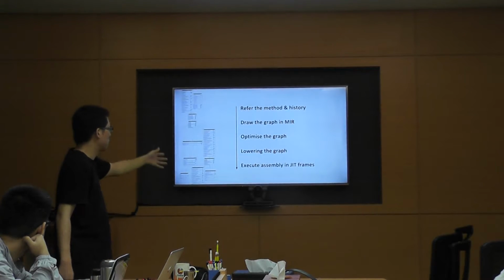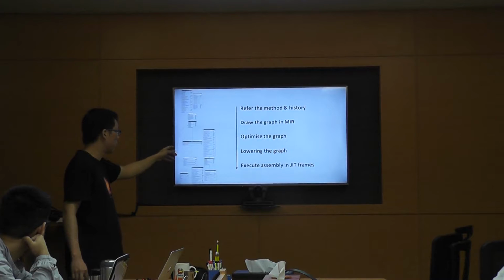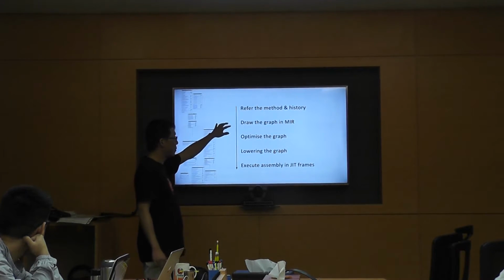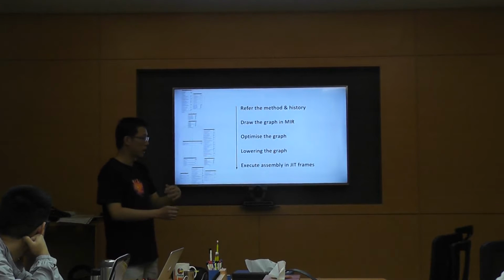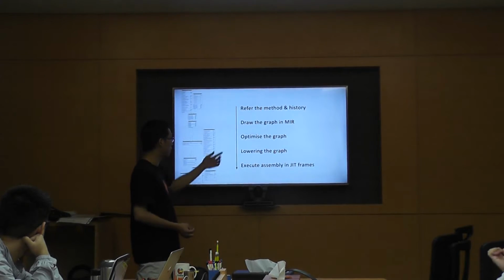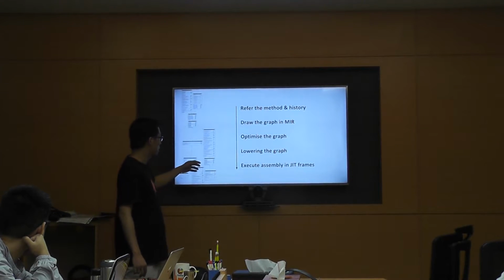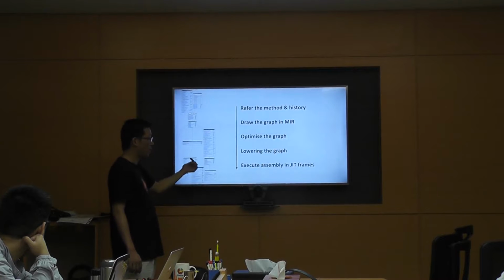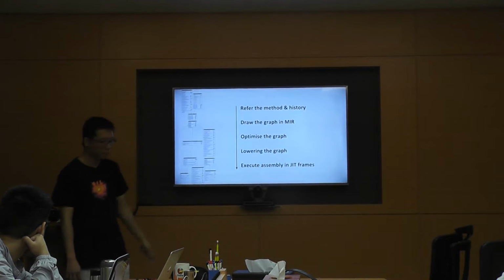So this flow is generally the best flow for IonMonkey. It will try to infer from the method and the history of the execution, and then draw the whole graph in MIR, optimize the graph, maybe trim some iteration inside, and then lower the graph to generate the assembly and execute it.